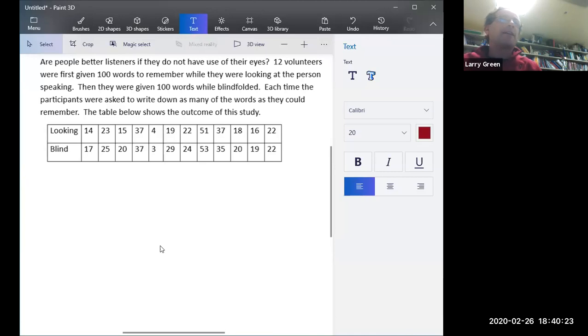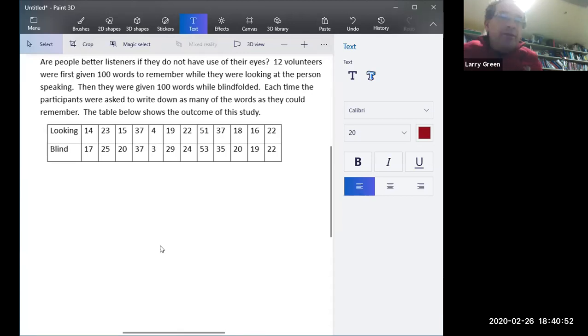The typical thing that a psychologist would do. Are people better listeners if they do not have use of their eyes? 12 volunteers were first given 100 words to remember while they were looking at the person speaking. Then they were given 100 words while blindfolded. Each time the participants were asked to write down as many of the words as they could remember. The table below shows the outcome of the study.